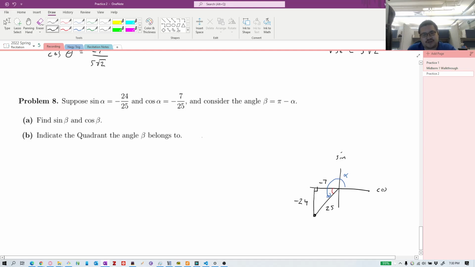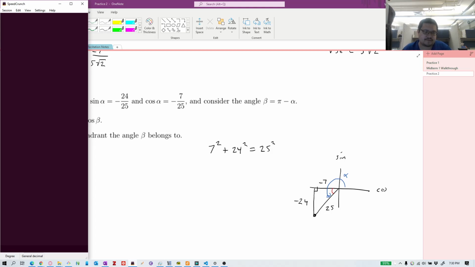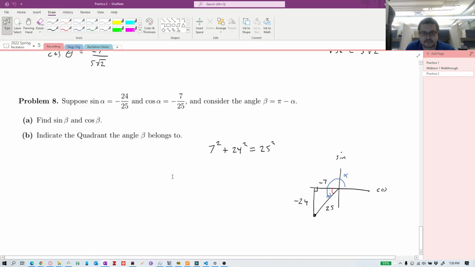One thing you can also check, just like a quick sanity check, is that 7 squared plus 24 squared is equal to 25 squared. I wouldn't do this by hand, but I do have a calculator, so I can quickly check. So 625, I know that is 25 squared, so we're good to go. Right, so that is just a sanity check.